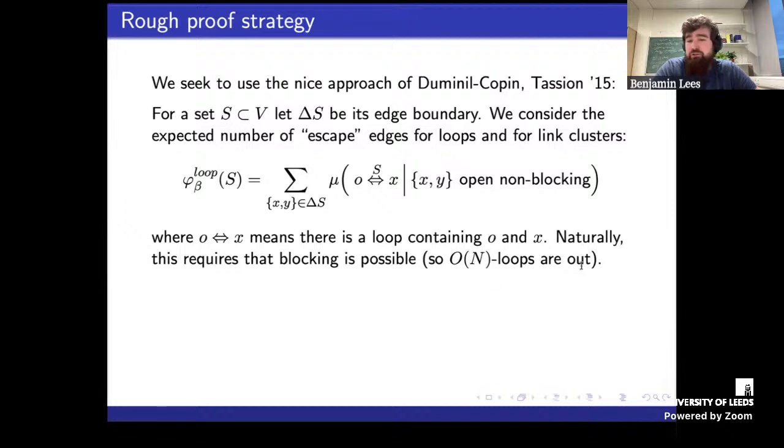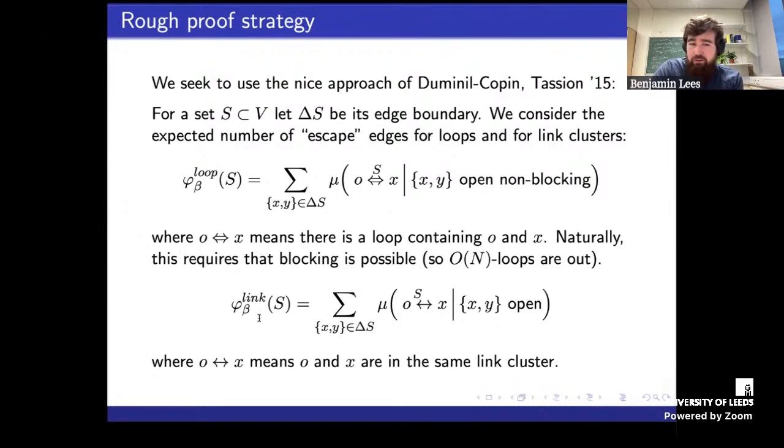Okay, so naturally, this requires that it's possible to have blocking or non-blocking edges. So if we're looking at blocking edges, O(N) loops are out, because we can only have one link per edge. But okay, that's good. We can see that for O(N) loops, the link and loop clusters are exactly the same thing, because we only have one link per edge. And so these two percolations can never differ.